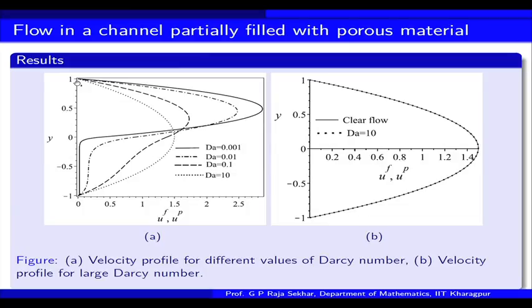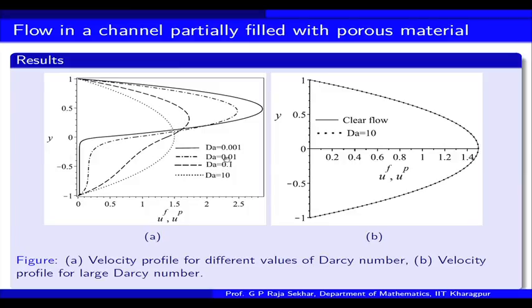Okay. Now, let us say reduced Darcy number. So, it is large Darcy, then you are reducing the Darcy number, that means resistance is more. So, once resistance is more in the bottom, then what you expect is the total volume flux whatever is coming will be reduced. And that is being adjusted here in the clear flow channel.